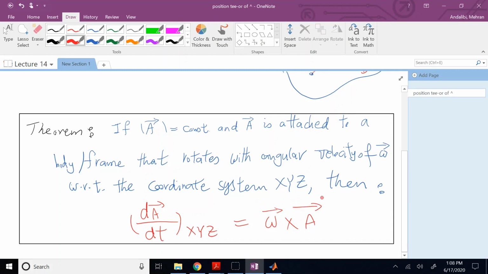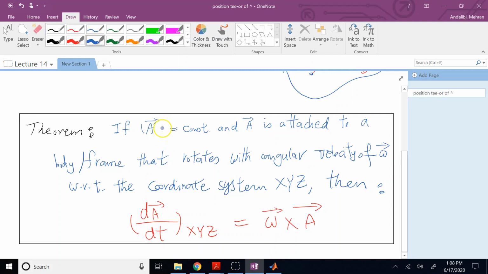And proof of that is not really hard, but we try not to prove every single thing here. But if you want, please remind me in the class, and I can show you where this theorem comes from, but it should not be really hard to prove this.